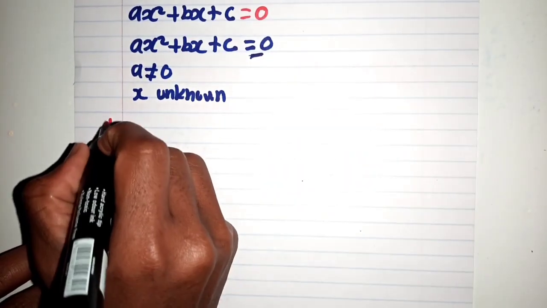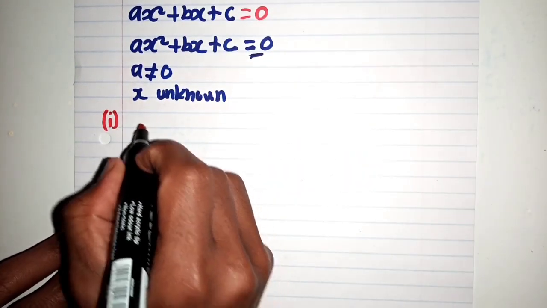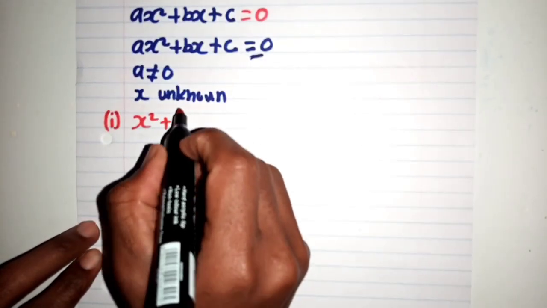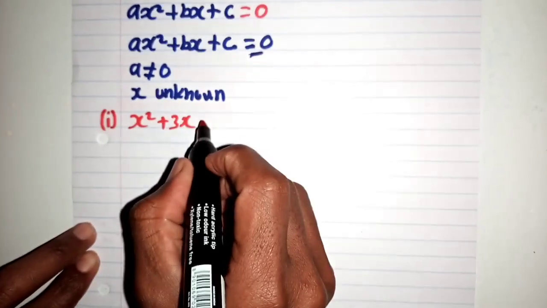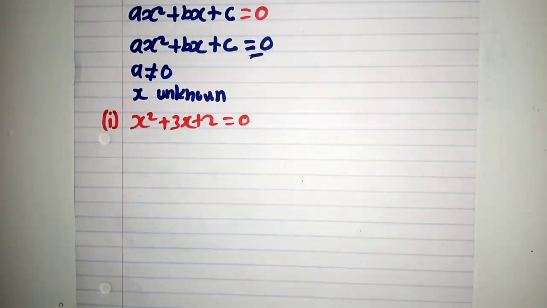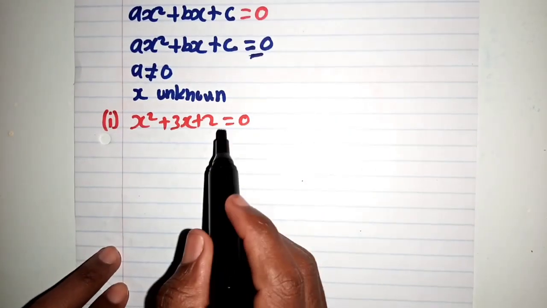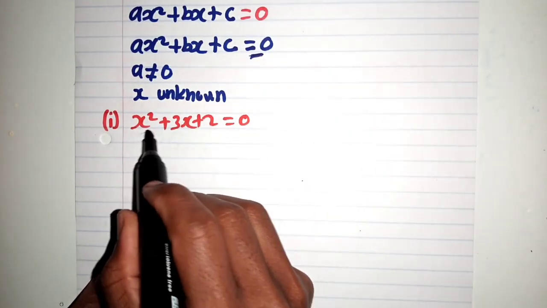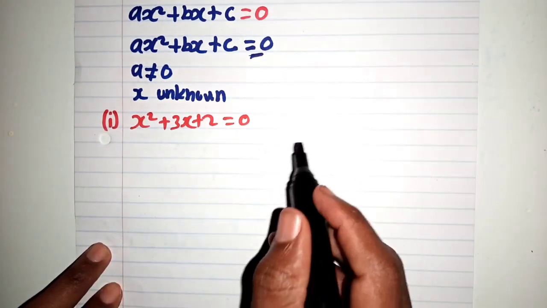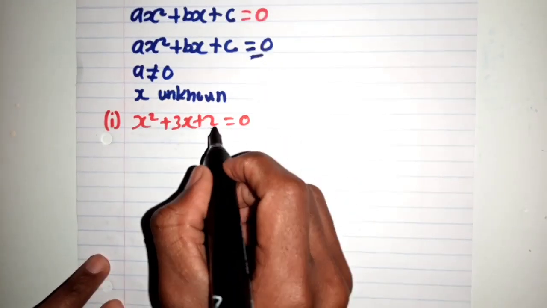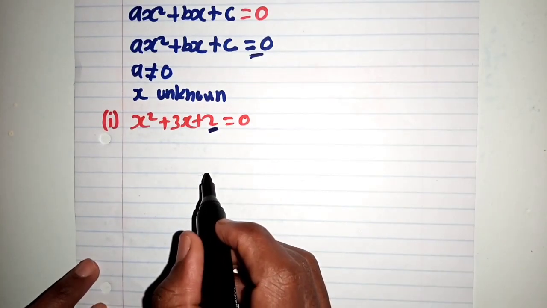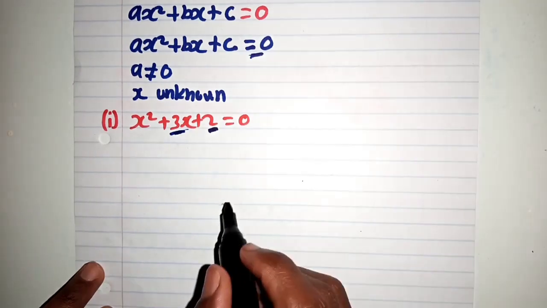So this will be our example, Roman 1, and it will be x squared plus, let's say, 3x plus 2 is equals to 0. So we are going to solve this one. When you are asked to solve such an equation, you always find two numbers whose product gives this value here, but the sum of those two numbers should give you this one here.